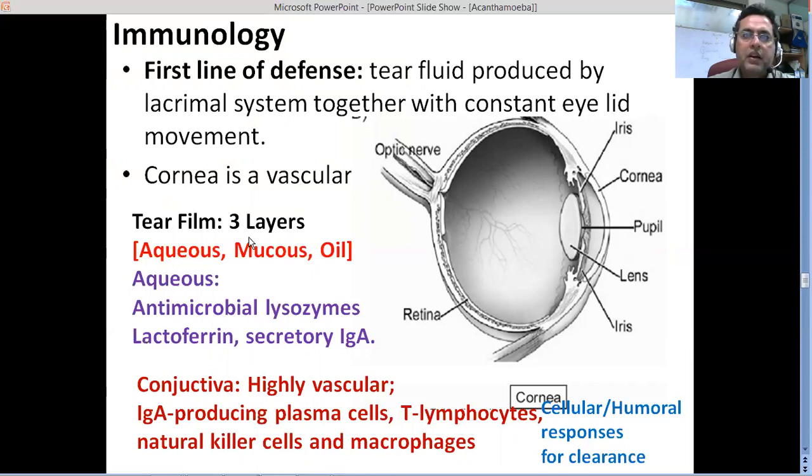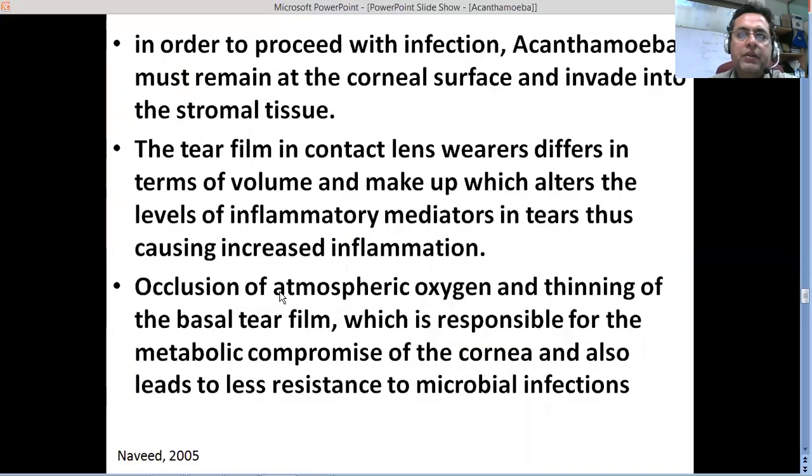And at the cornea, there is no such cellular or humoral response. Only these antimicrobial lysozymes, lactoferrin, and secretory immunoglobulins have to protect your cornea. And the blinking movement of the eye has to spread all these things over the surface of the cornea to protect the eye.